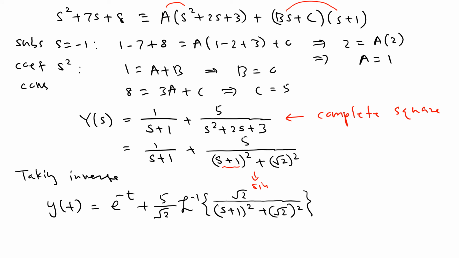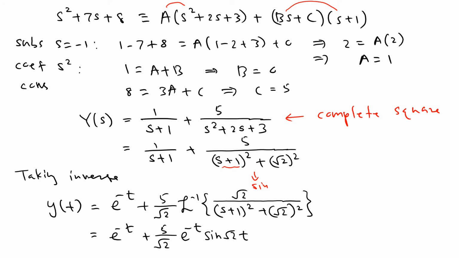That's what we have. So this is simply e to the minus t plus 5 over square root 2 e to the minus t, and then this is the sine, so sine of square root 2 t.